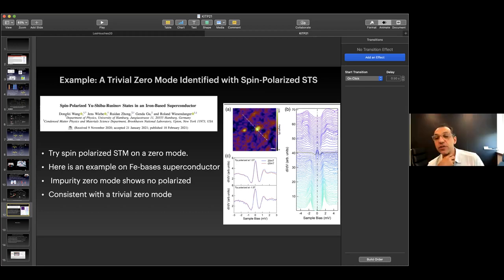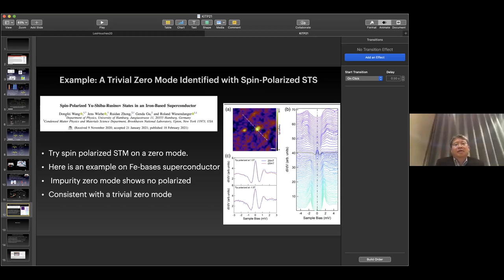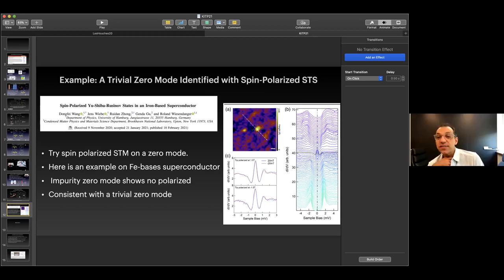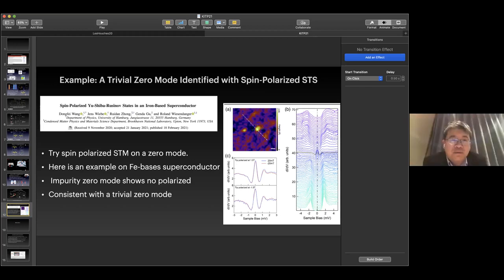Yeah, I think that's our interpretation. Do you have any spin polarized measurement on those states? No, we haven't done that. We haven't achieved spin polarization in our STM. But I will come back to the vortex bound state, which is not a physical defect.